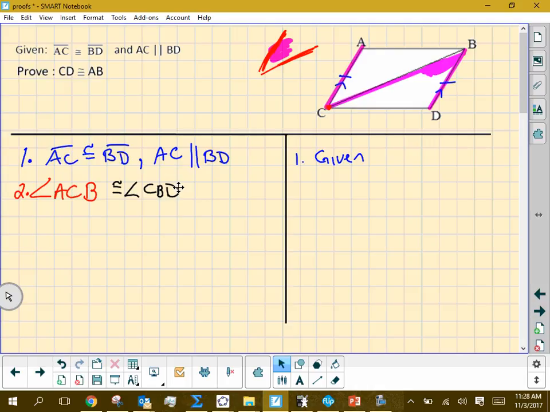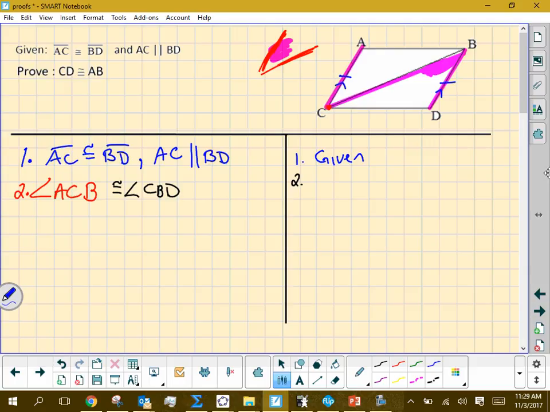If you named it DBC, that is fine as well. When we're naming angles, the first and last letter can flip-flop, but the vertex always has to be in the middle.